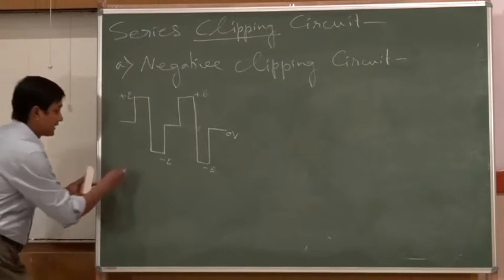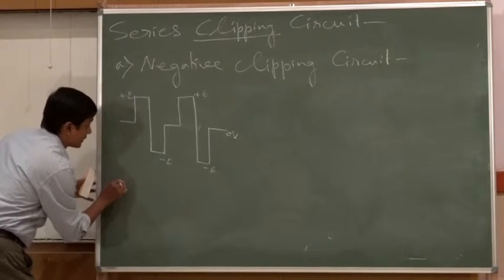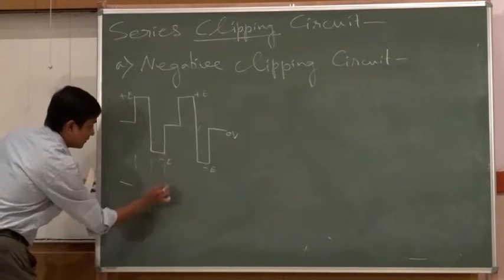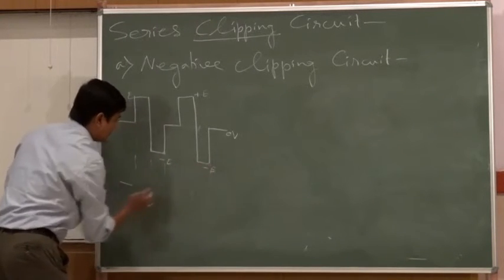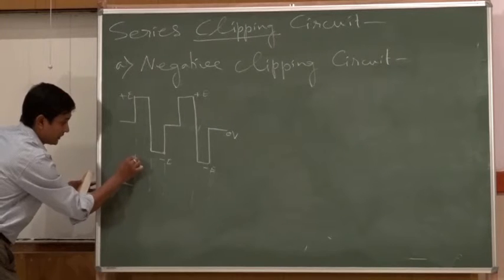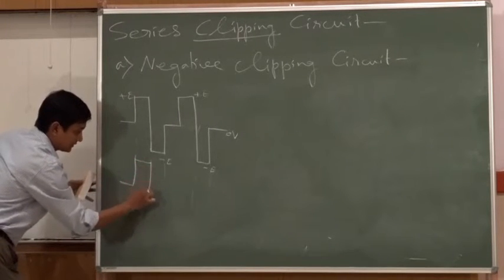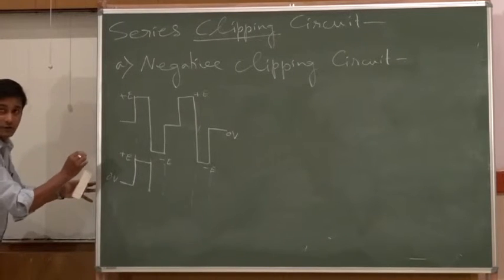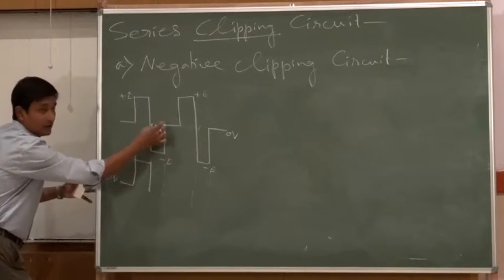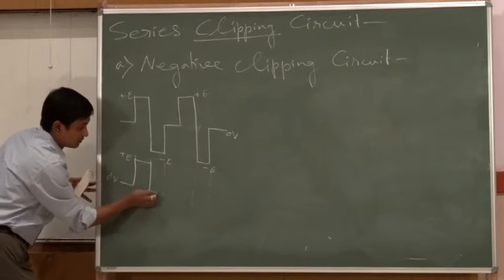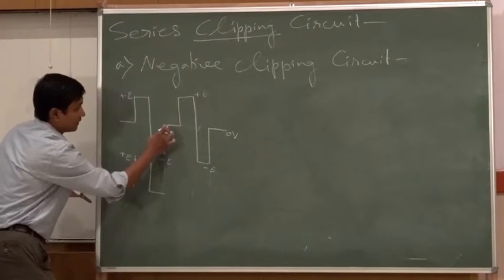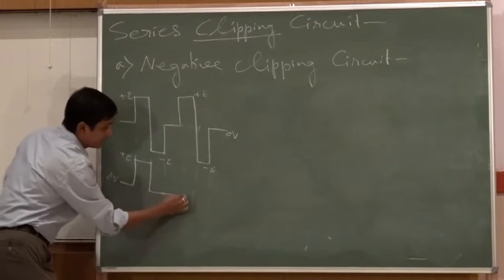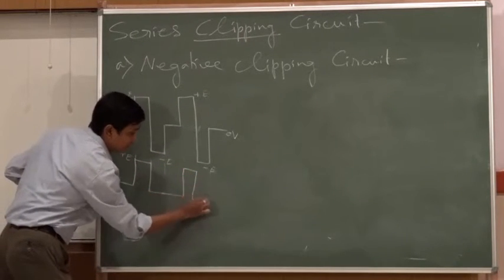So, the wave shape I want should be like this: it goes positive, this is 0 volt, for the negative part it is clipped, then again it is 0, then at this place again it goes like this.